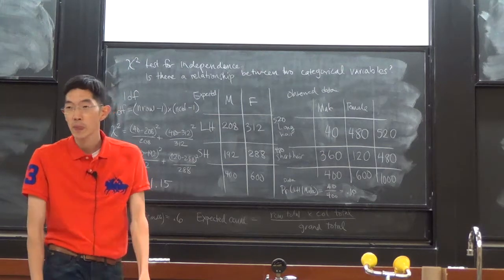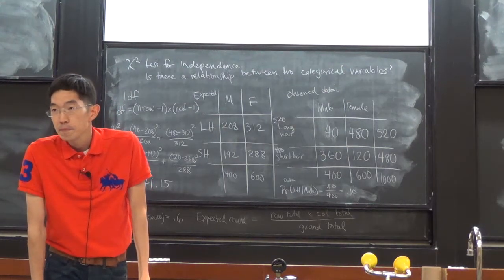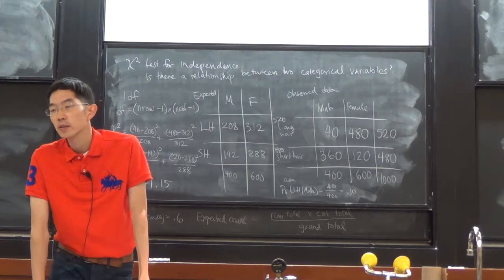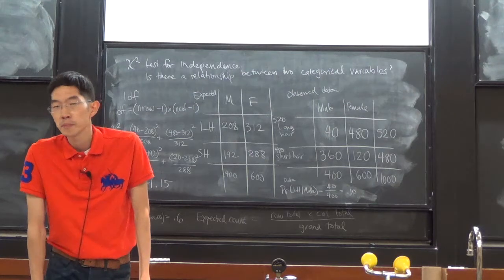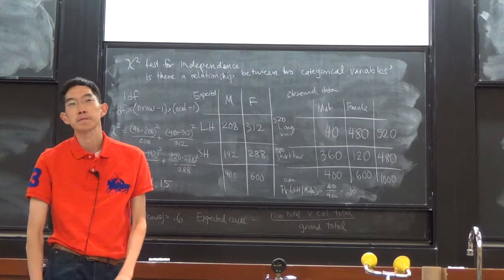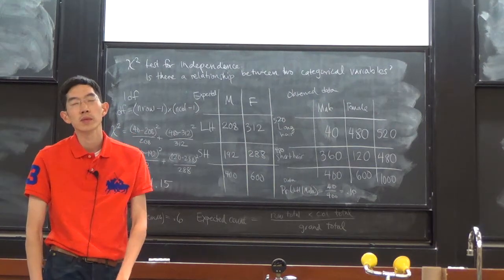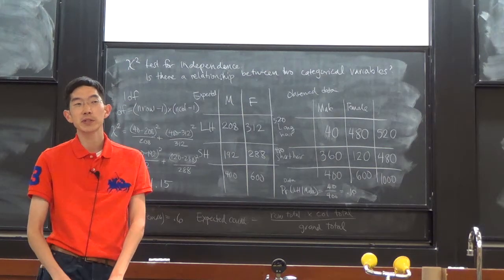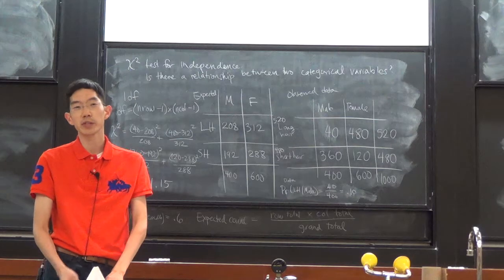Does the expected count value factor into our conclusion? Because in our conclusion, we're really just looking at the p-value. Does that expected count value play a role? The p-value is the probability of observing your data, or something more extreme, if the null hypothesis were true.